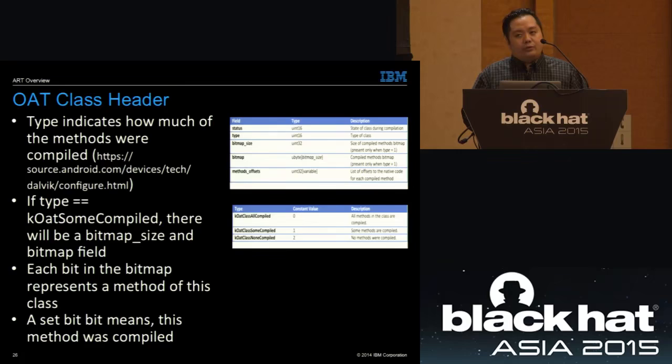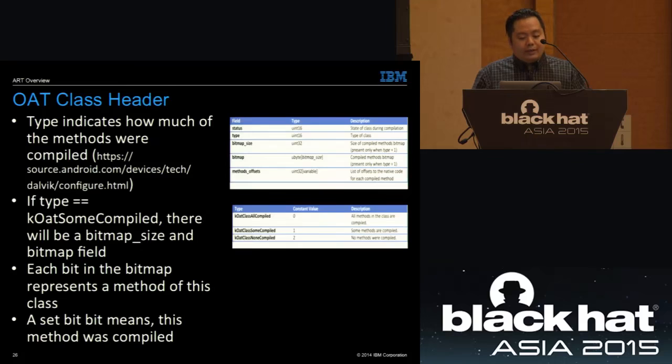You can choose to compile everything, or only the performance-intensive ones, or only the smaller ones, or only the ones that meet a criteria on the size of the methods. You can look up how to set those settings in the link shown here.